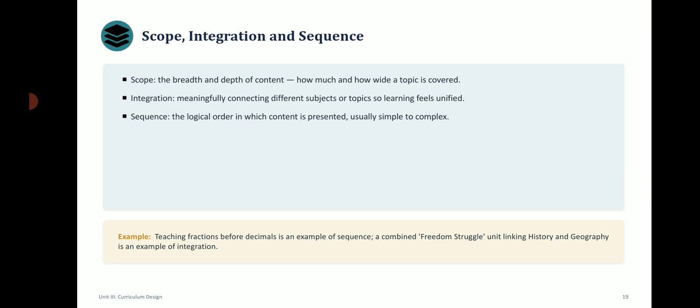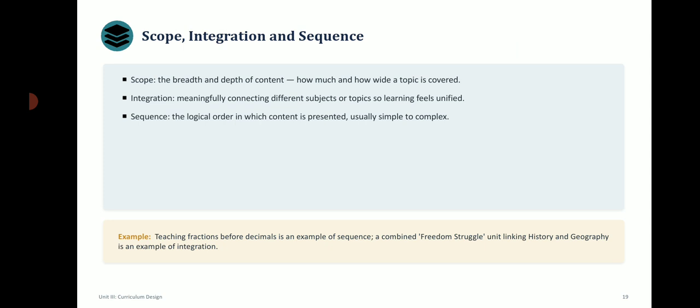So scope is nothing but the breadth and depth of the content. How much and how wide a topic is covered. Normally we say, if you study this, what is the scope of it? How much and how wide a topic is covered, how useful it is to be.